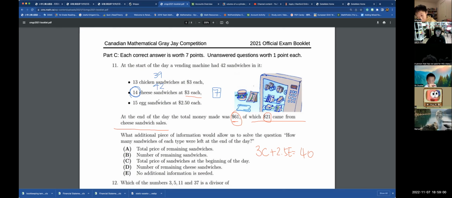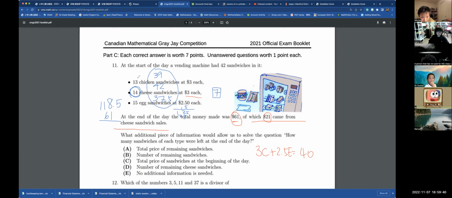And 15 times 2.50 equals 37.5，对不对？一共加起来可以多少钱？If you sell them all, it's 118.5. Okay, so total price of the remaining is this one minus this one. 对不对？Get it, everybody?